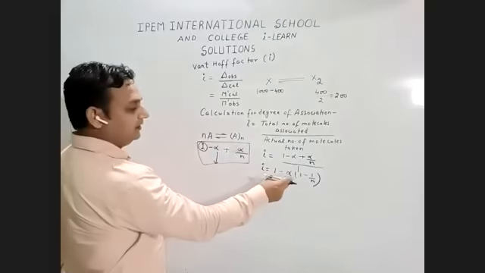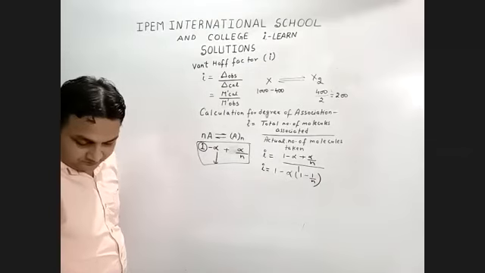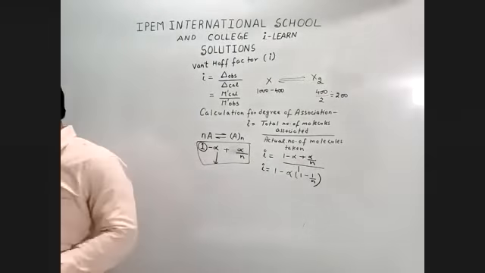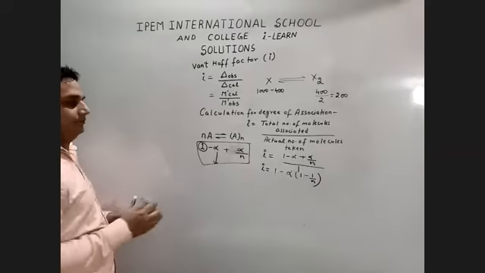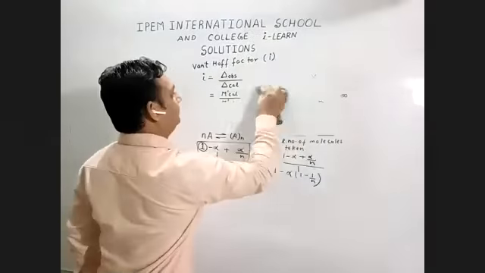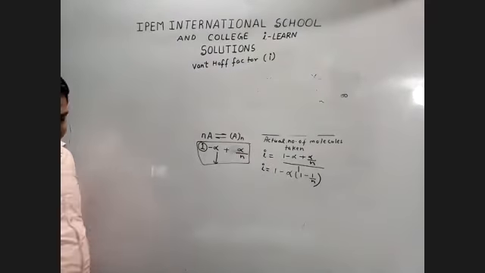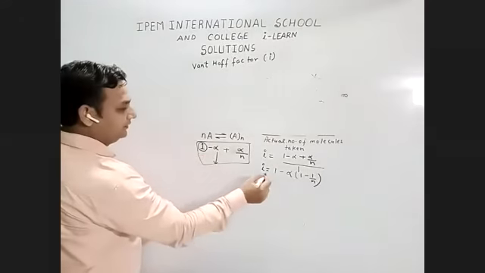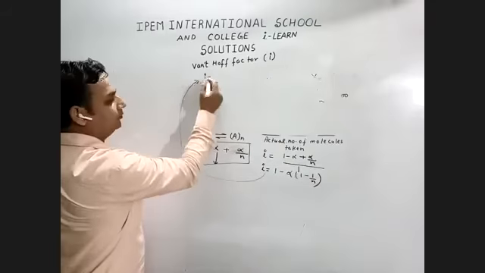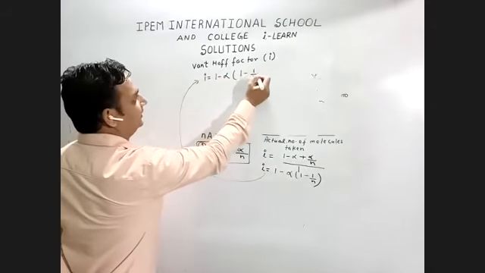So i becomes 1 minus alpha (1 minus 1 by n). Got it clear?